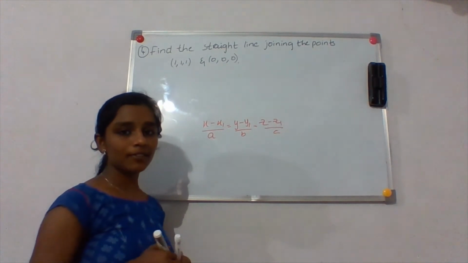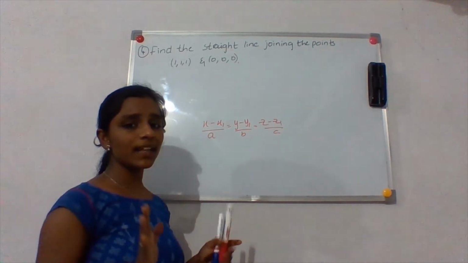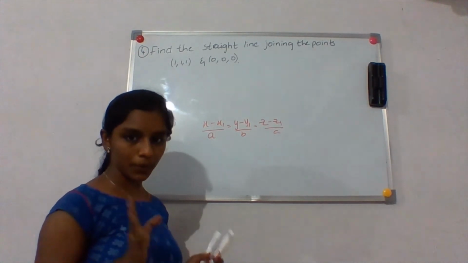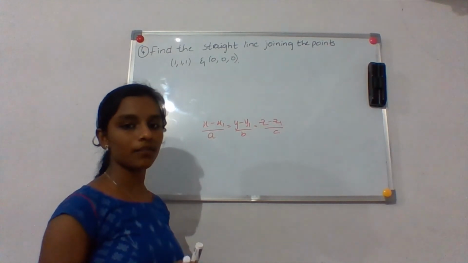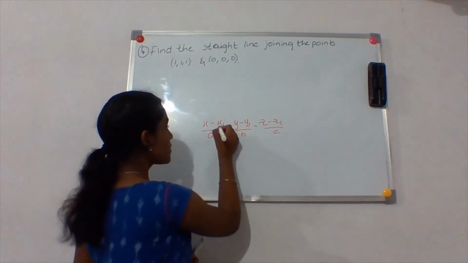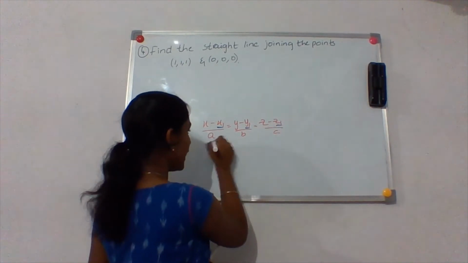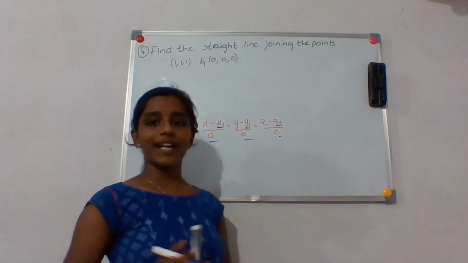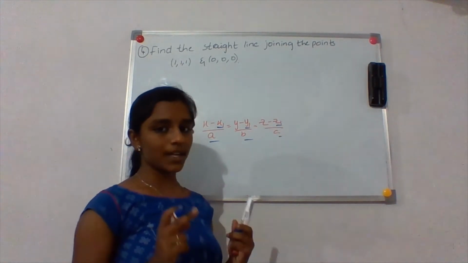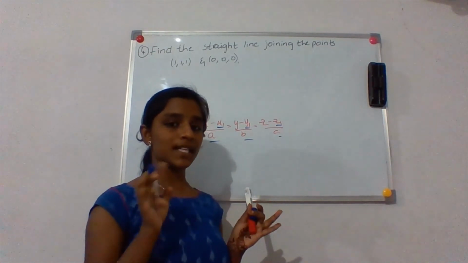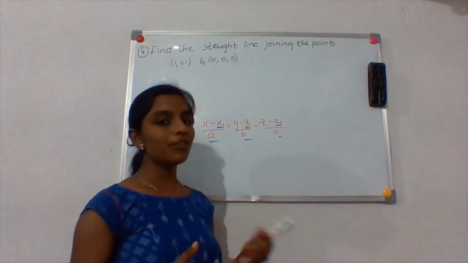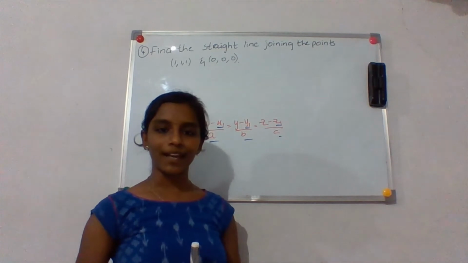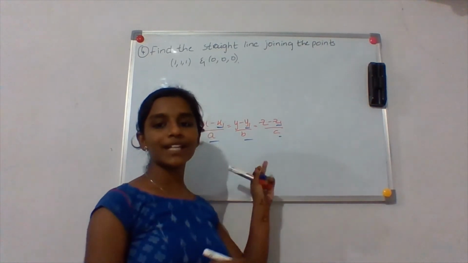Perfect. So now, what are the unknown variables that you must know in this problem to find the equation of the line? The only unknowns are x1, y1, z1, a, b, c. What are x1, y1, z1? Those are a point passing through the line. You have 2 points on the line, so you don't have to worry about x1, y1, z1.